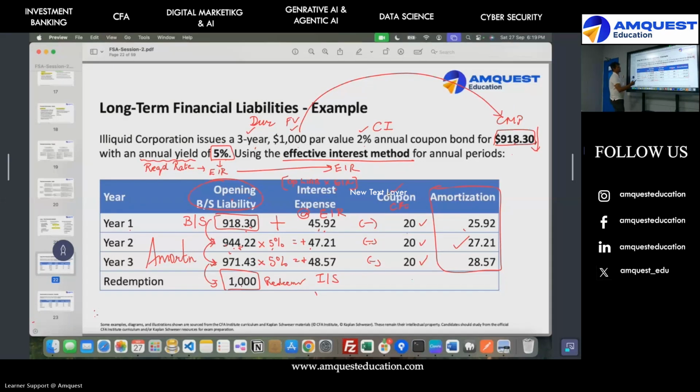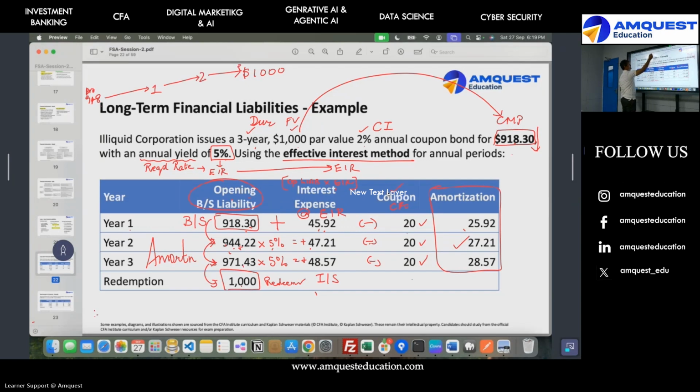Remember your end point is 1000. Because you started at 918, you realize that this is at a discount. Therefore, this value will go up. In year 1, it became 944. In year 2, it became 971.